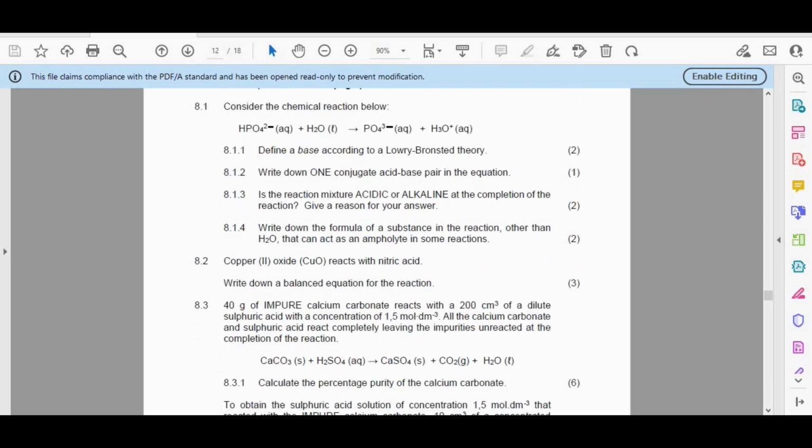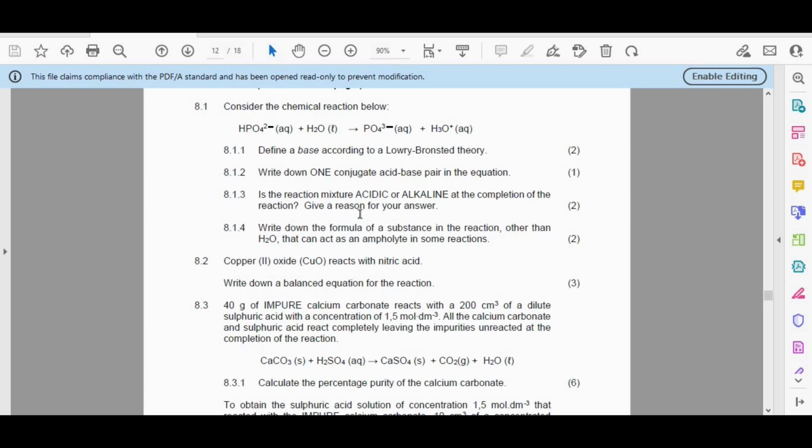Define a base according to Lowry-Bronsted theory. Now you just have to define a base, not the acid and base, just the base. Very specific, cannot miss that. A base is a proton acceptor. 2 marks.